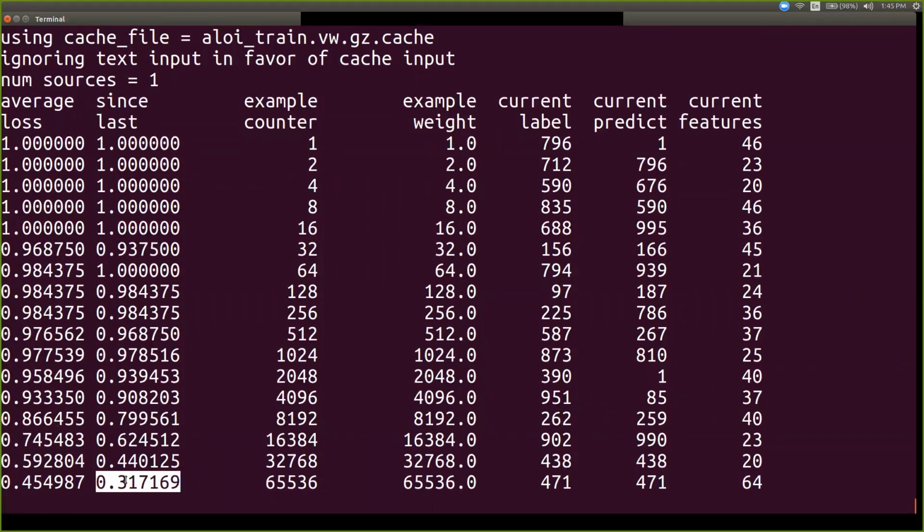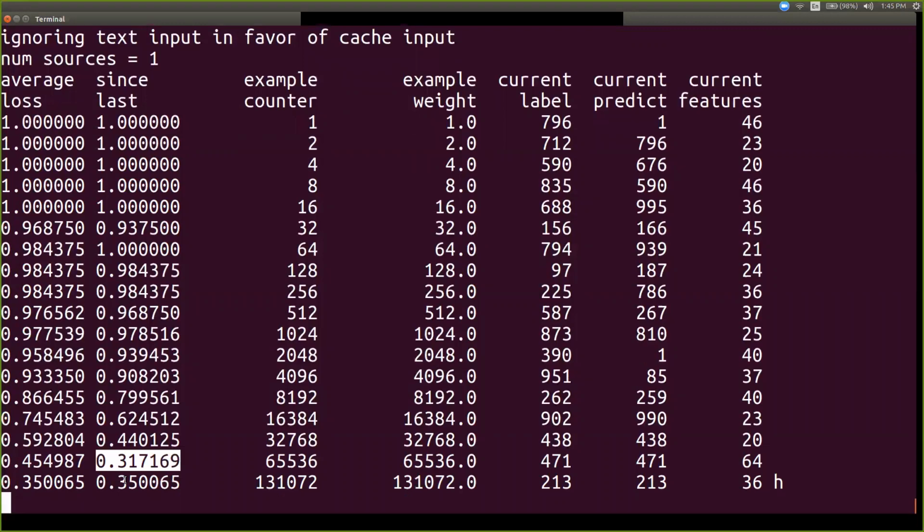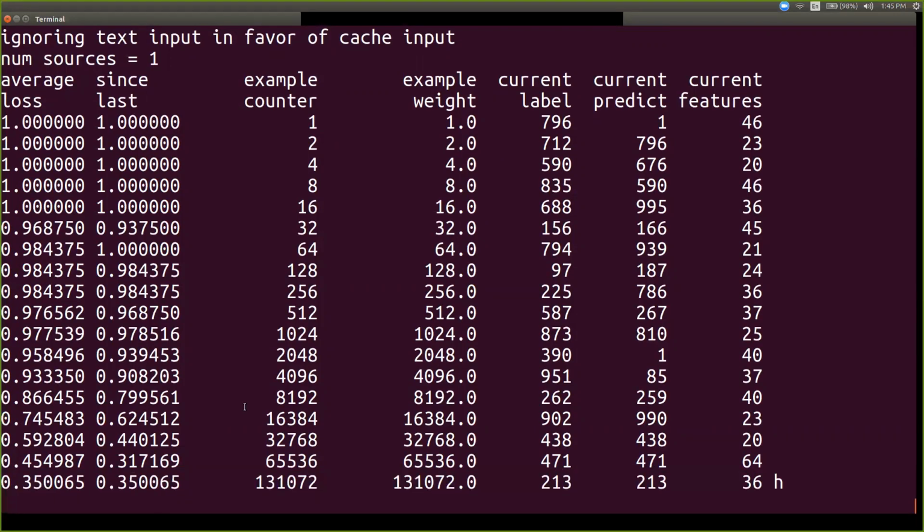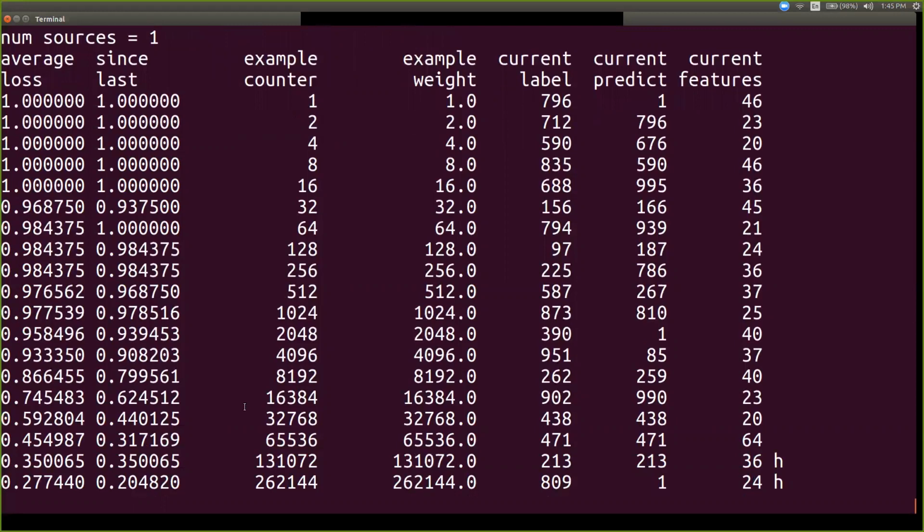Progressive validation on the last 30,000 examples is down to 31% error rate, and the holdout loss is at 35%, and it's going to keep falling. So there's a big gap between 35% and 80%. It matters why we lose so much.